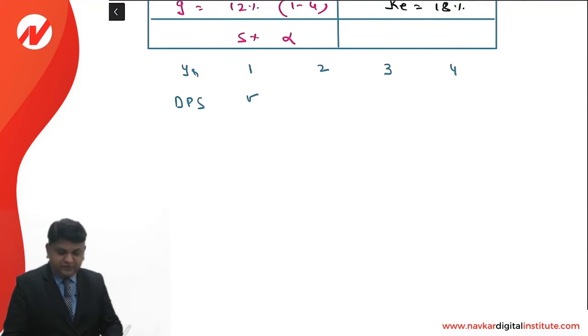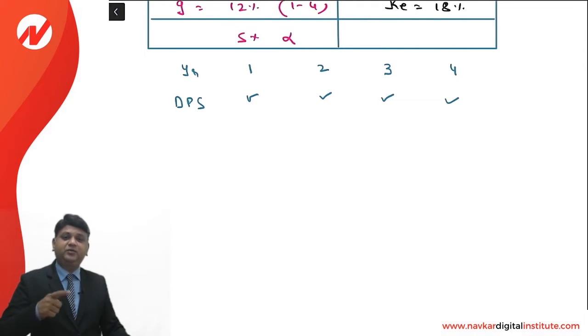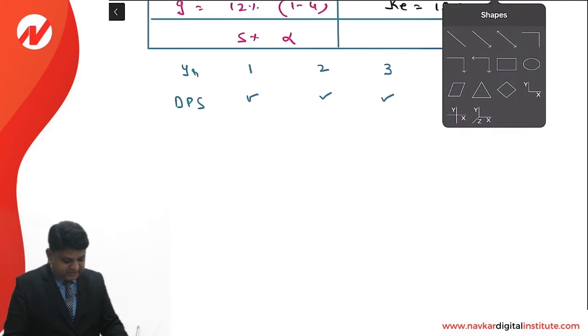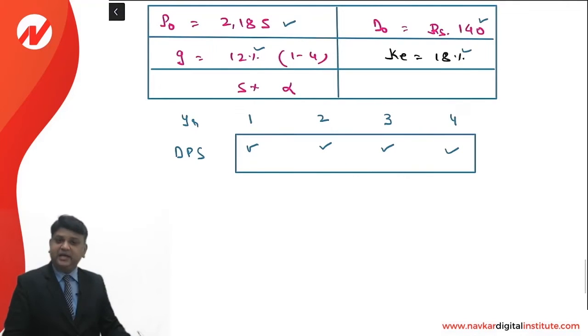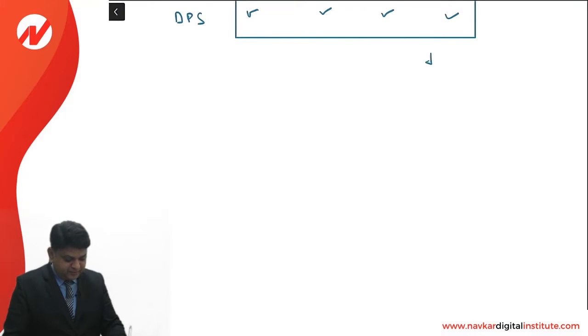That is the dividend income for the first year, plus 12% second year, plus 12% third year, plus 12% fourth year. Whatever dividend income the investor is going to receive from end of year 1 to end of year 4 will be discounted to present value, and for that we will apply the discounting factor of 18%. Then we will calculate P4. As far as P4 is concerned, it is calculated as D5 divided by KE minus g.